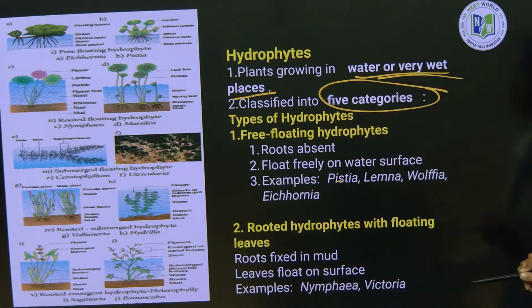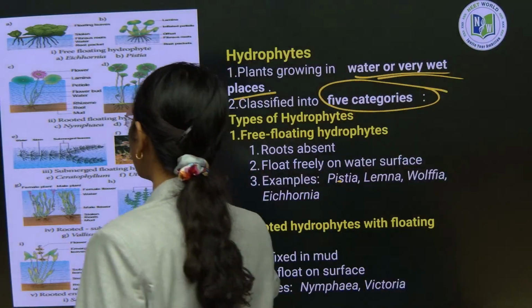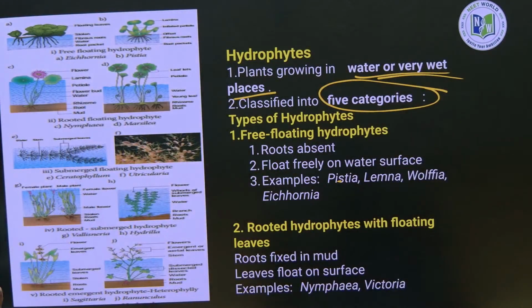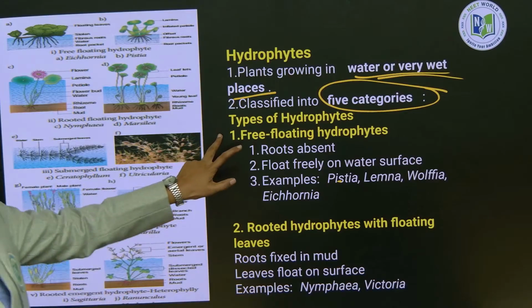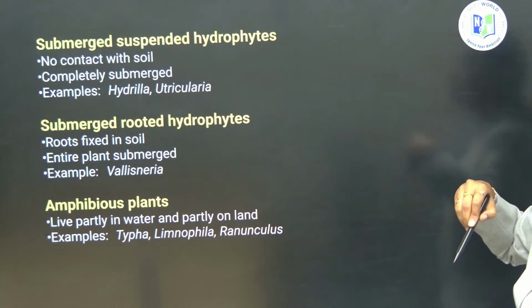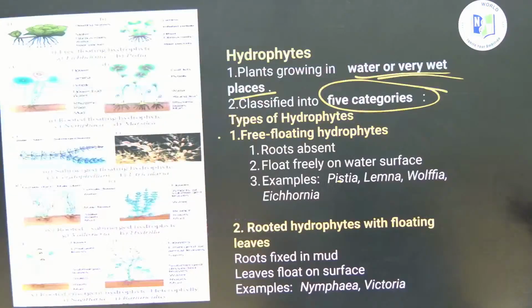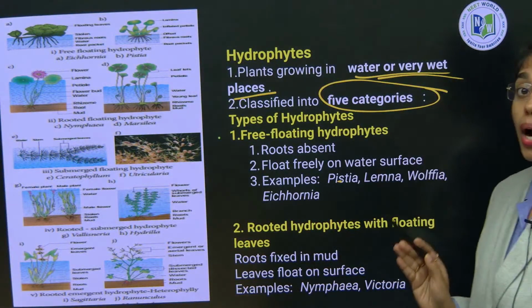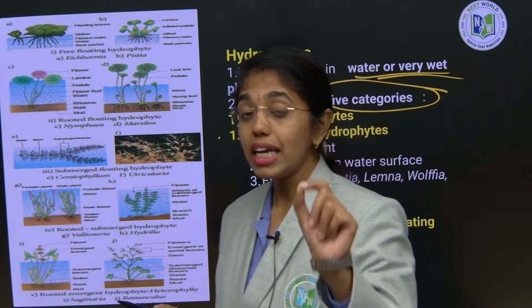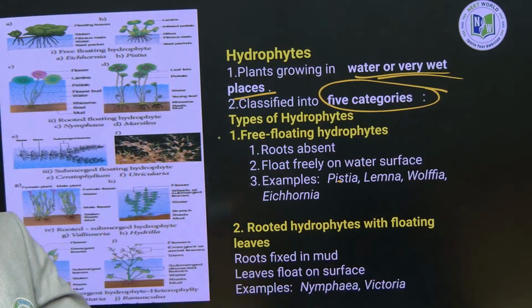What are those 5 categories that we see? Free floating hydrophytes, rooted hydrophytes with floating leaves, submerged suspended, submerged rooted and amphibious plants. These are 5 types of hydrophytes. What is most important is that for each type of hydrophyte you have to mention the examples properly.